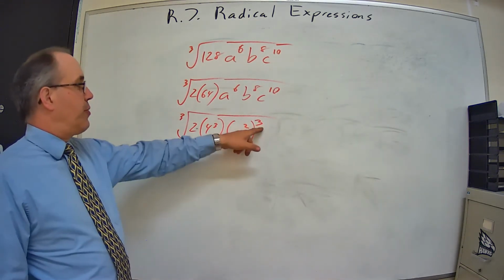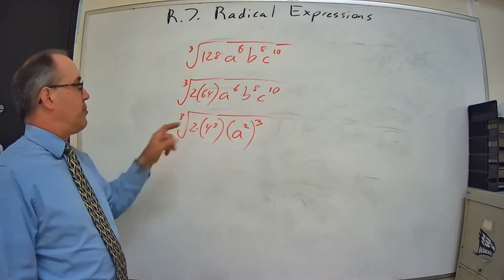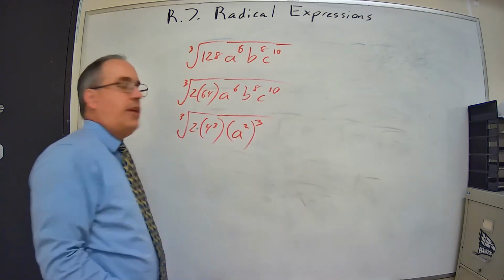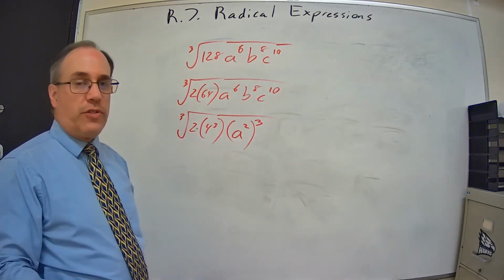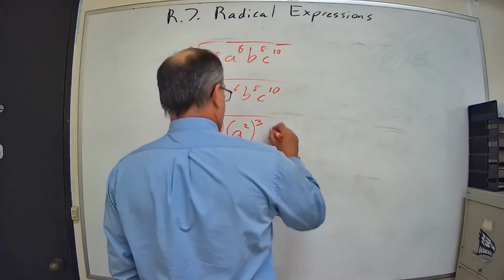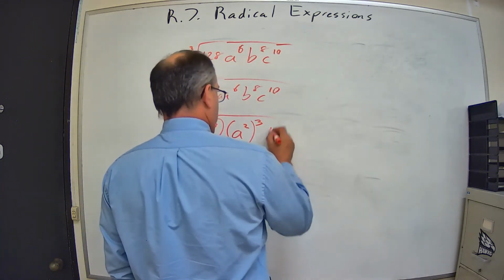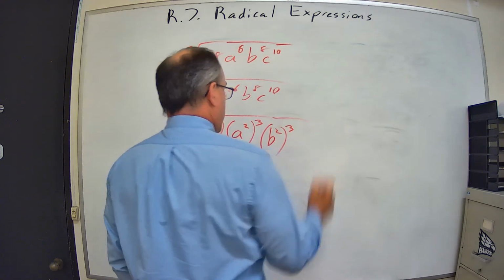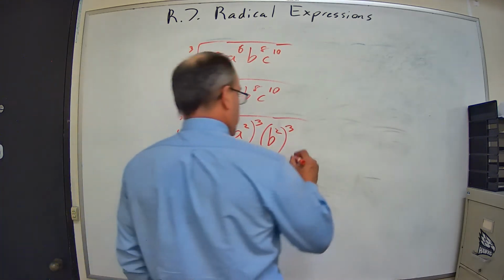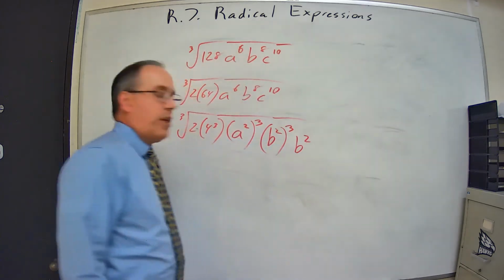Why do I put the 3 on the outside? Because I want it to be able to cancel with that. Well, what about this B? Well, 3 goes into 8 2 times. So I can write that as B squared cubed with a remainder of 2, B squared.